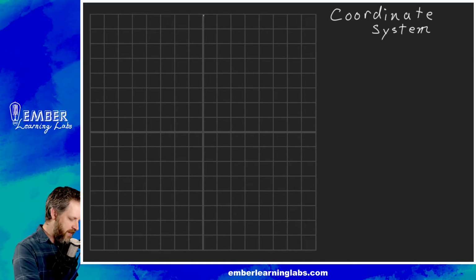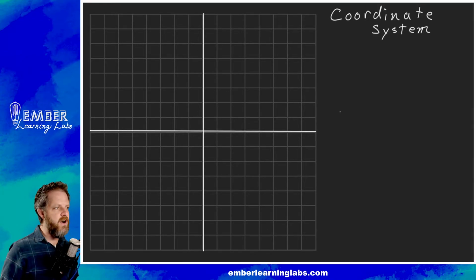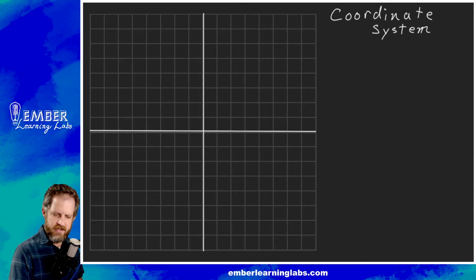Each one of these lines, like this one and this one, are the axes. Let me switch colors here real quick so we can have things nice and clear. I'm going to label the yellow as axes.